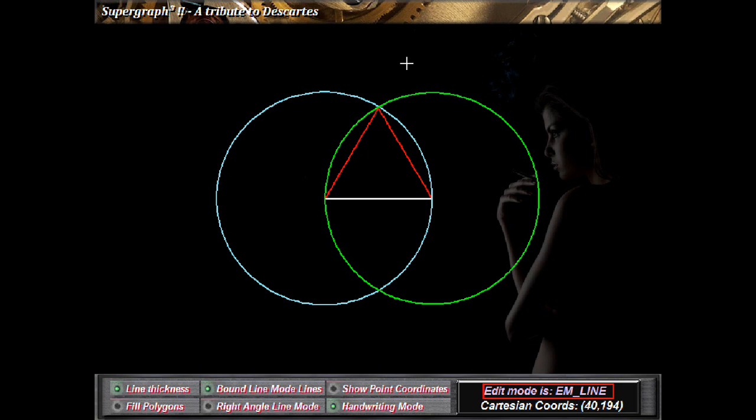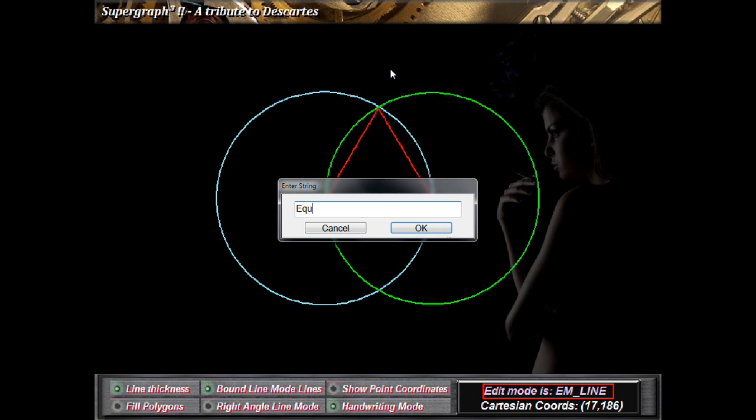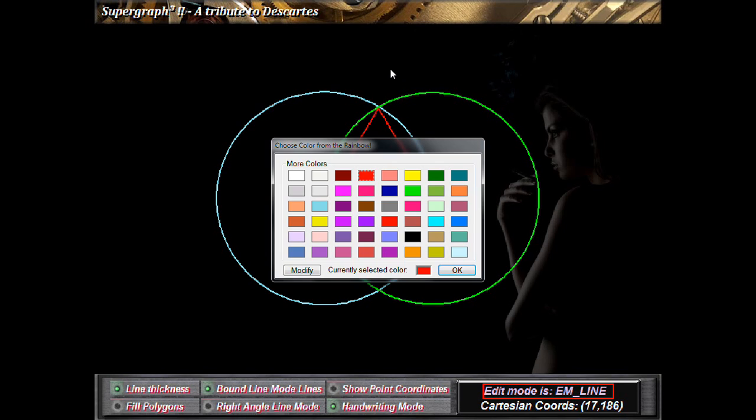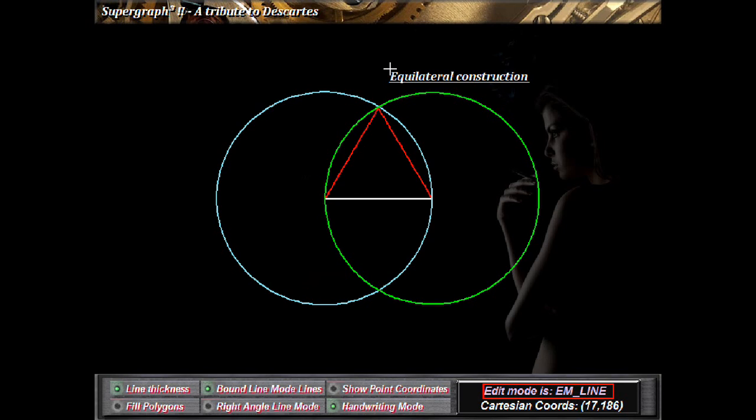So we have constructed an equilateral triangle. So this here is a demonstration of how to construct an equilateral triangle from just a given one line. Okay?